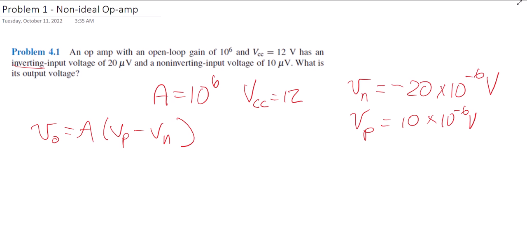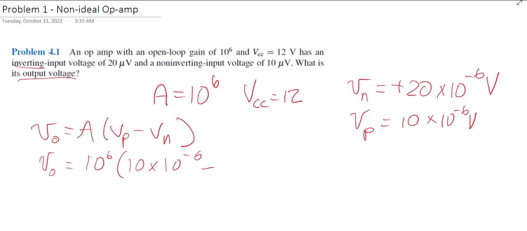So again, this is a non-ideal op-amp. We're looking for the output voltage. So Vout equals 10 to the 6, and 10 times 10 to the negative 6 minus... this was not, it's just Vn, it's not negative.